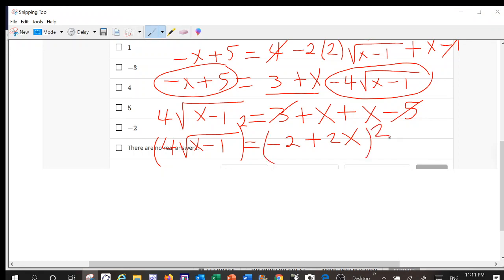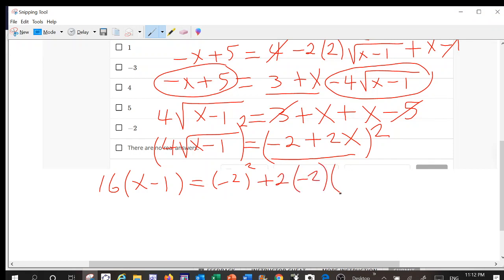Now squaring this side, 4 squared is 16, and the square root of x minus 1 squared is x minus 1. Equals to, again, we have one of those expressions, something plus something squared: negative 2 squared plus 2 times negative 2 times 2x, right? These are one thing, and this is another thing. So plus 2 times that one plus 2x squared.